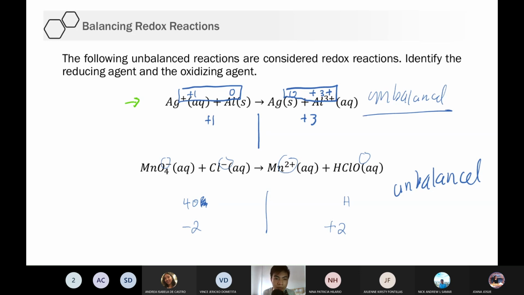Kasi the reason why hindi balance yung charges, hindi kasi kumpleto electrons mo. Kailangan pagpantayin mo yon. Kasi law of conservation of matter eh. Sabi, hindi pwedeng hindi balance. Kailangan lahat balance. So, in balancing redox reaction, iba yung steps dito.